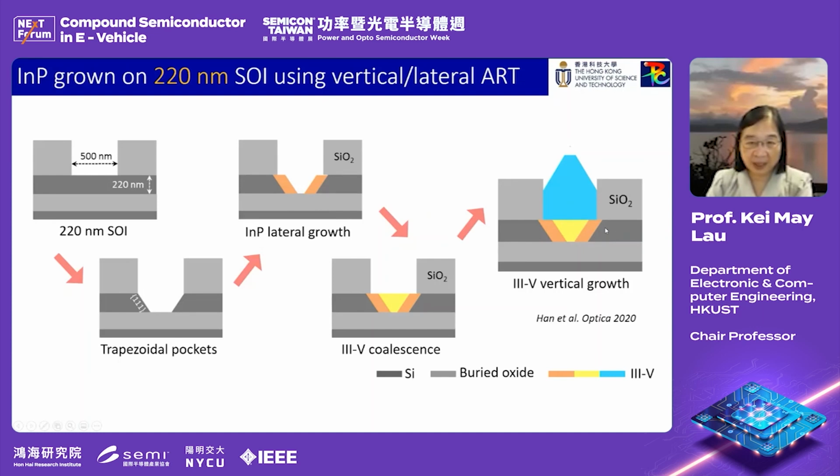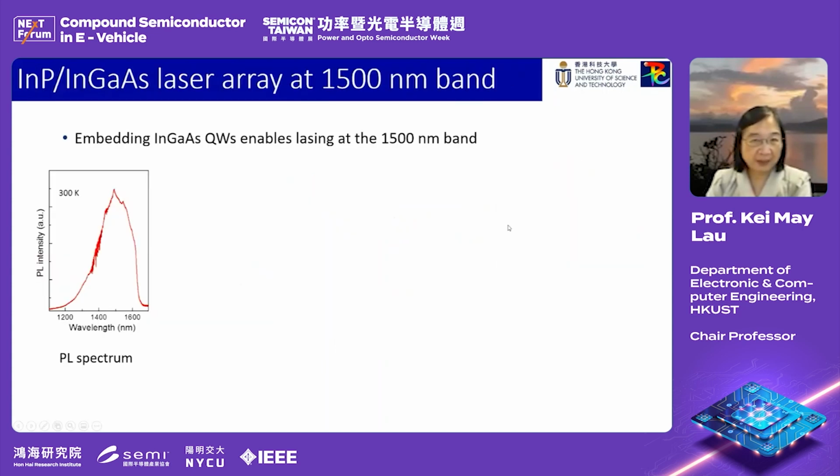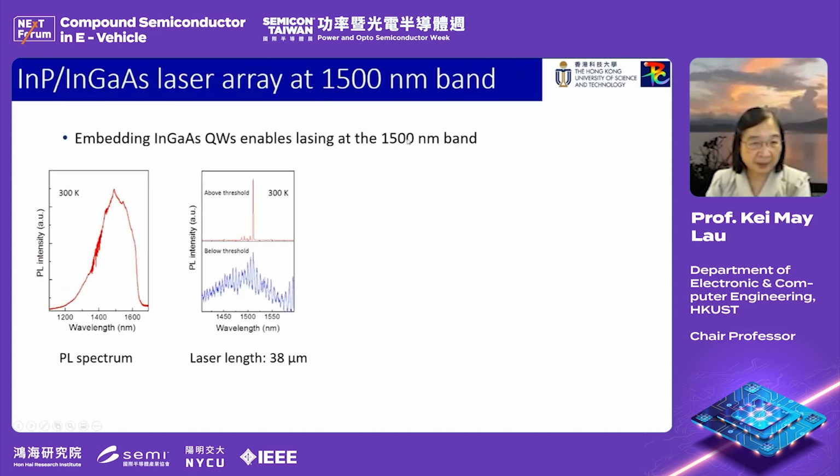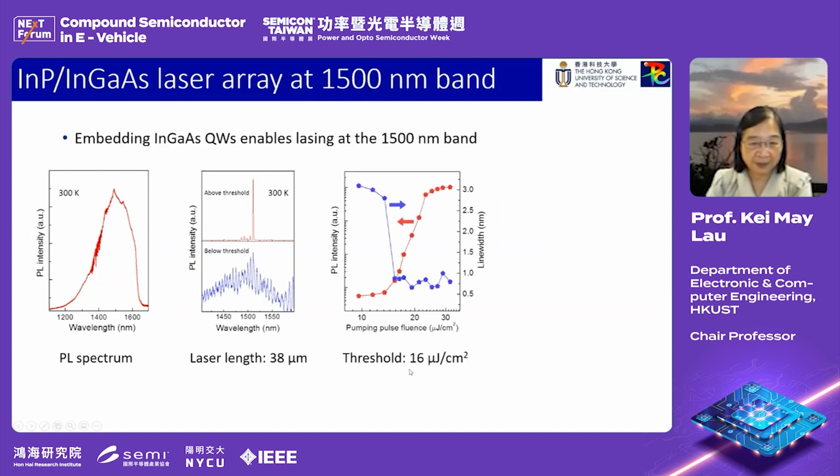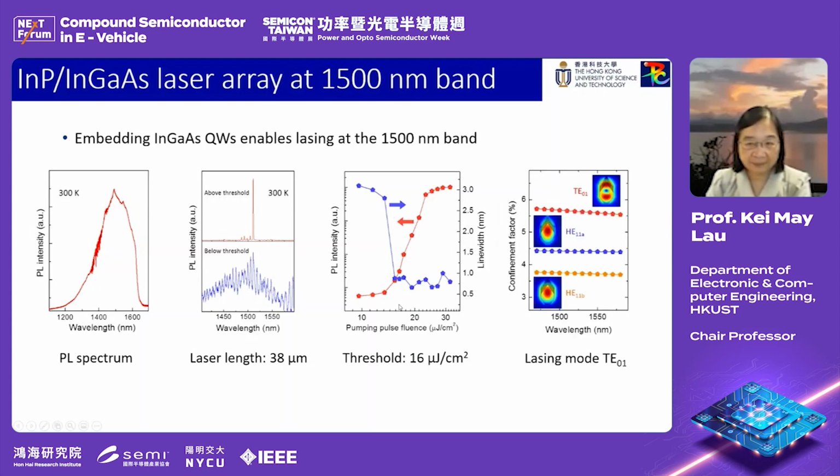So we have to combine the lateral ART with the vertical growth to get this defect free. And then lasers, and we managed to do that. We found a very low lasing threshold of 16 microjoule per centimeter squared.